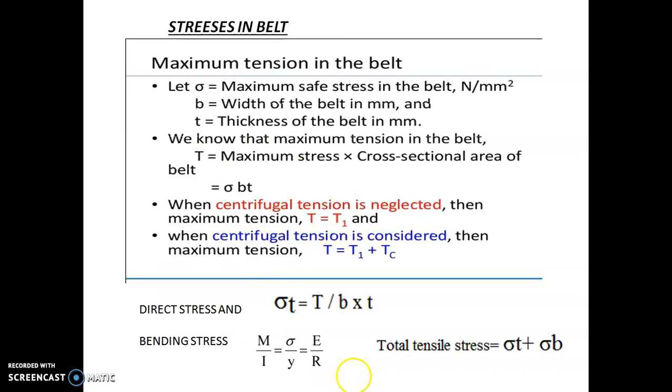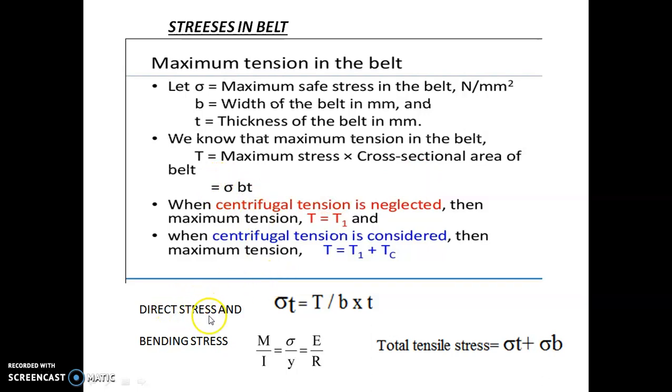The stresses in belt. Let σ be the stress in the belt in Newton per mm², b the width of the belt in mm, and t the thickness of the belt in mm. The total tension will be maximum stress into cross-sectional area, so T is equal to σbt. There are two types of stresses.